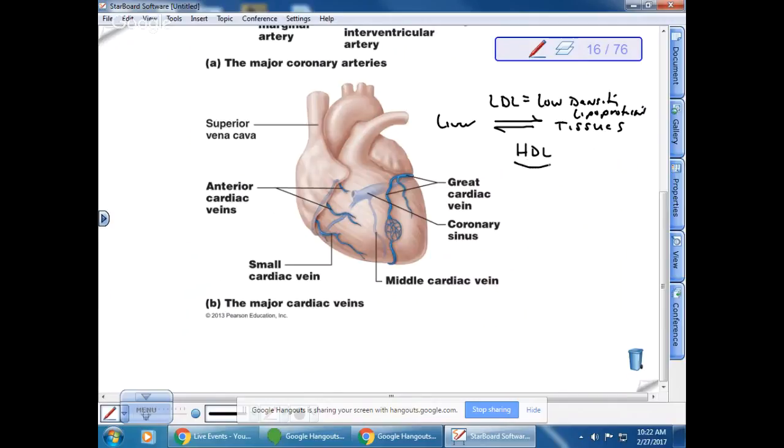HDL is what is referred to as good cholesterol, because it stores the cholesterol in the liver where it doesn't form a problem in the development of plaques in the circulatory vessels. LDL is what is referred to as bad cholesterol. So when they say that you have high levels of LDL, or bad cholesterol, that's when we start to worry about heart disease.